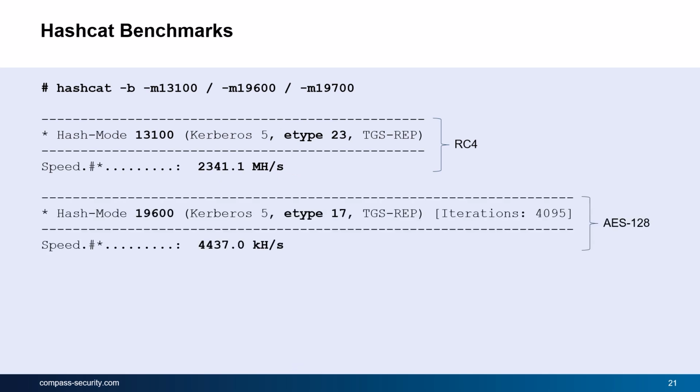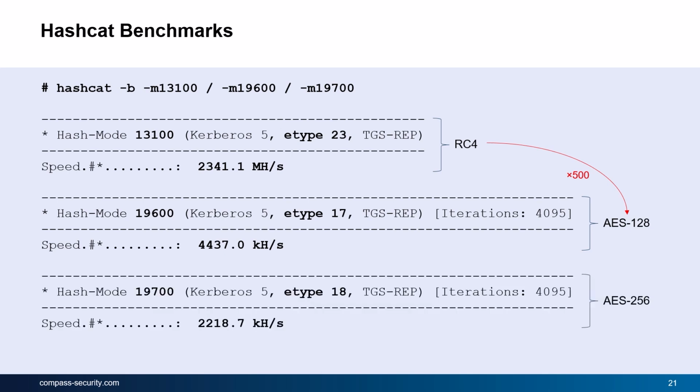If we do the same thing for AES-128, we see that the difference between those two, or the factor, is roughly 500, and so that means 500 times slower. And if we jump to AES-256, it's an even lower number. It's roughly a factor of 1,000 times more effort that is required to crack the hash.